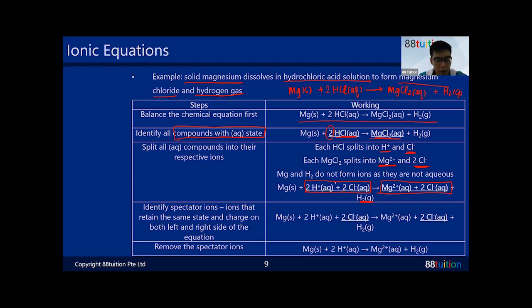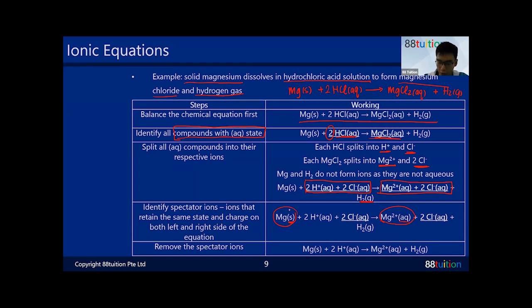After splitting up all your aqueous compounds, you need to find all your spectator ions, which are the ions that don't go through any chemical change. The method is to check one by one. First, magnesium solid. After the reaction, it became Mg2+ aqueous. The state changed and the charge also changed, so there is a chemical reaction, and I want to keep it in.